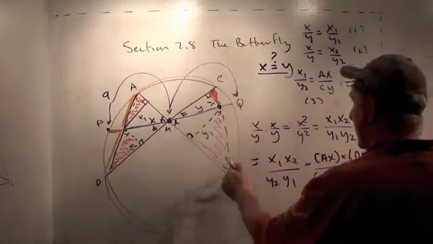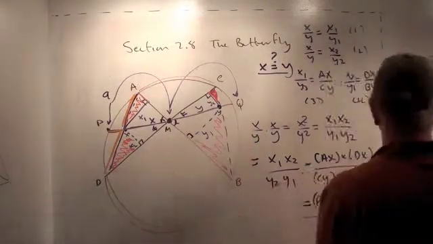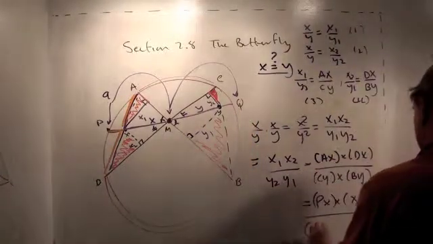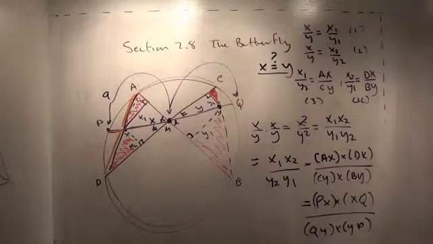CY times BY equals, what should I call it, QY times YP. Okay, so hopefully you see those intersecting chords.